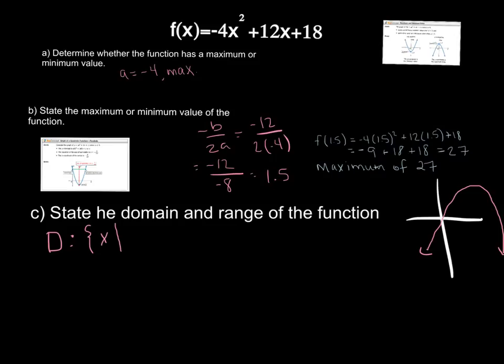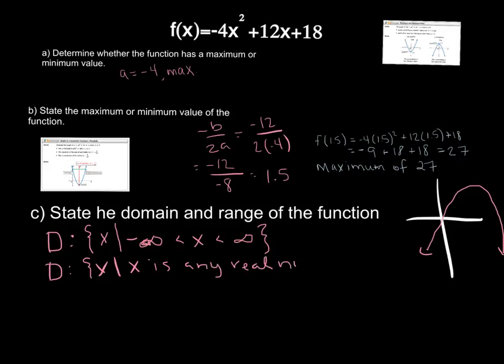You could write from negative infinity is less than x, which is less than positive infinity. Or if you don't like that, you could just write the domain is x's such that x is any real number. Okay, little notation for you.